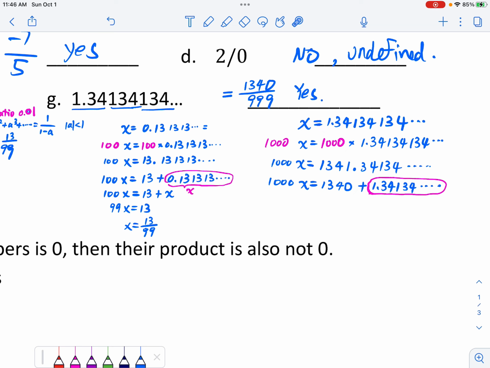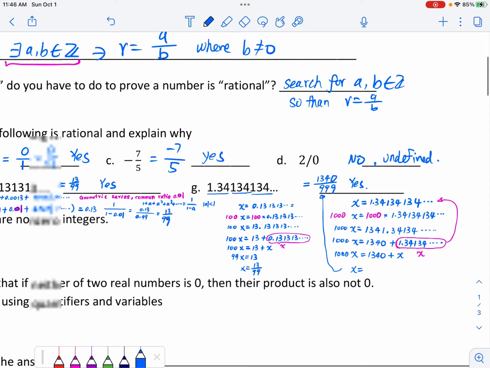Whenever you have a new number, you multiply by a multiple of 10 so that you can break the right hand side into two numbers, one of which is the one you started with. So this is exactly x. Now we have 1,000x equals 1340 plus x, and then we solve for x.